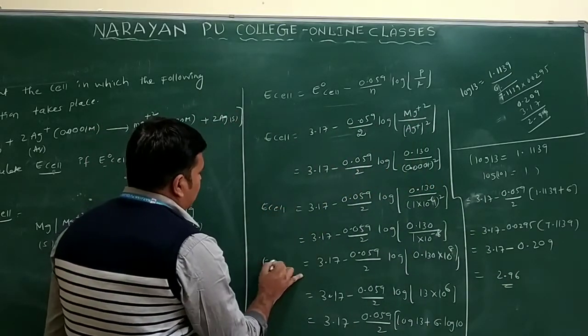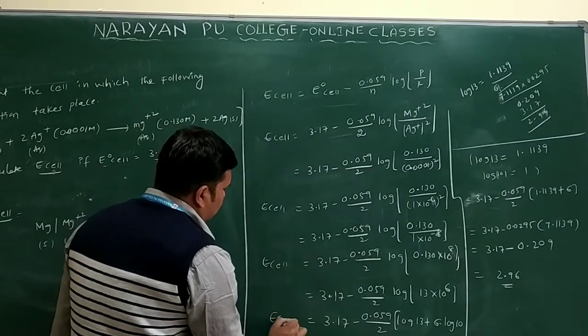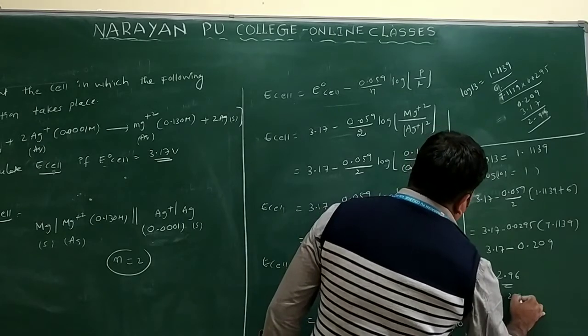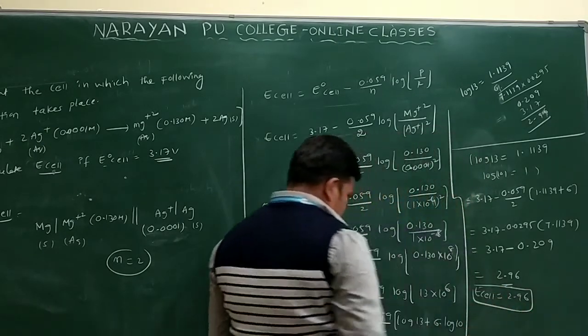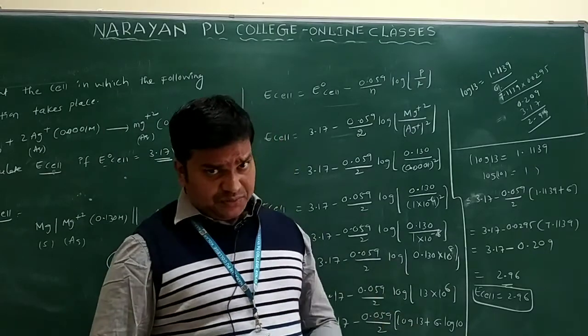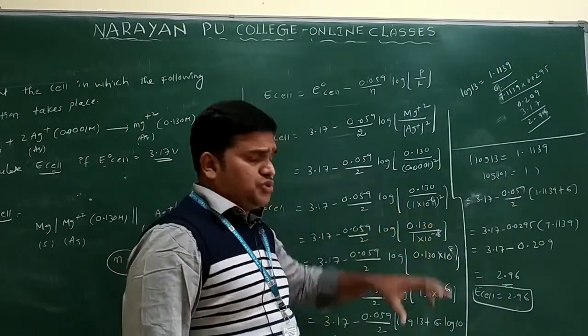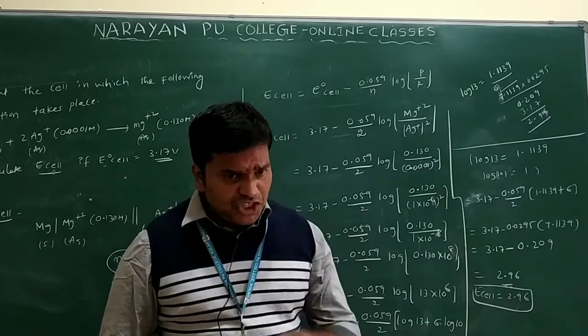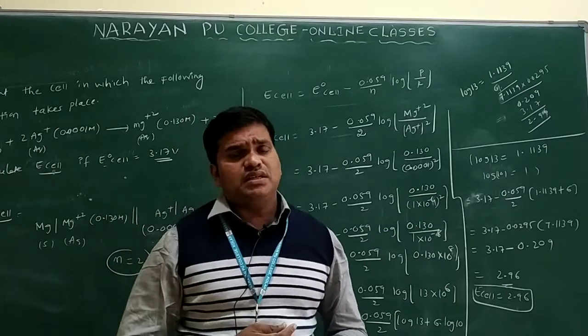So finally, what is E cell? E cell is equal to 2.961. For the first problem, I wrote each and every step elaborately. If you know the direct pattern, you can directly substitute, but maybe you will get 3 to 4 steps only. In the board exam, they ask questions from this Nernst equation.